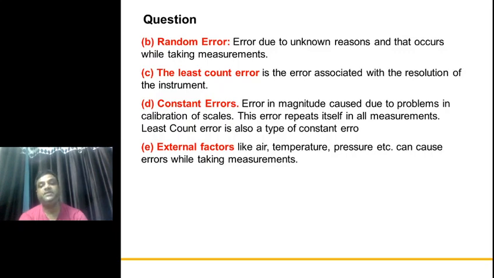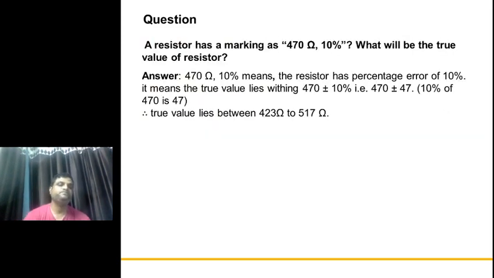The error repeats itself in every measurement, so by applying a correction factor we can minimize this constant error. Then external factors such as air, temperature, pressure and environmental conditions also introduce error. These are some of the definitions we have summarized for your convenience.